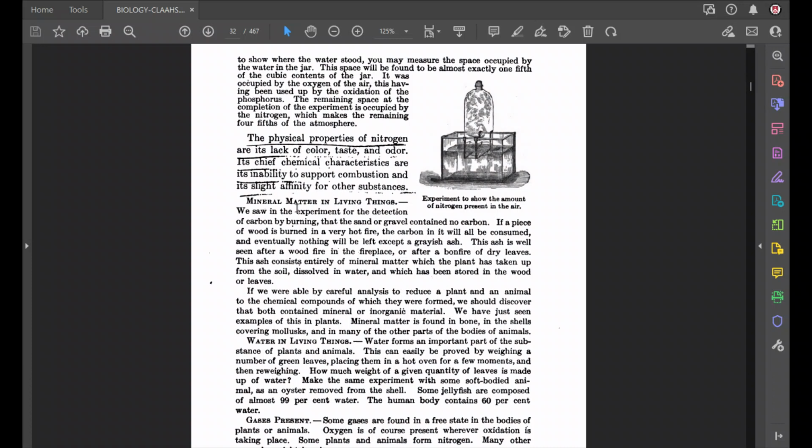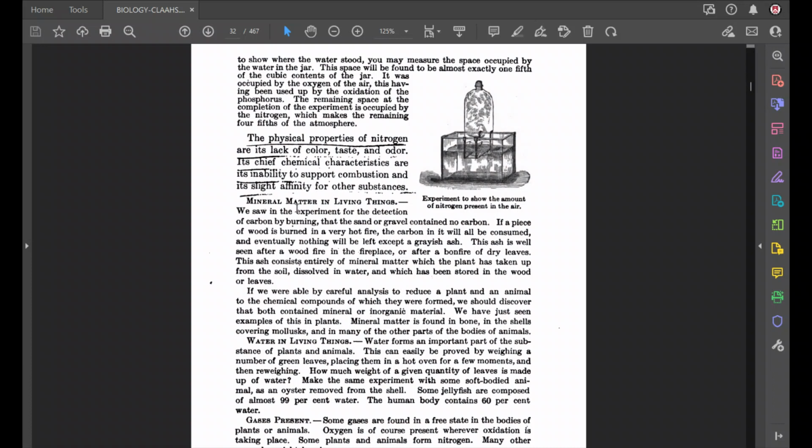That contains mineral matter. Our textbook tells us if we were, by careful analysis, to reduce a plant and an animal to the chemical compounds of which they're formed, we should discover that both contain mineral or inorganic matter. That's what mineral matter means, inorganic matter.